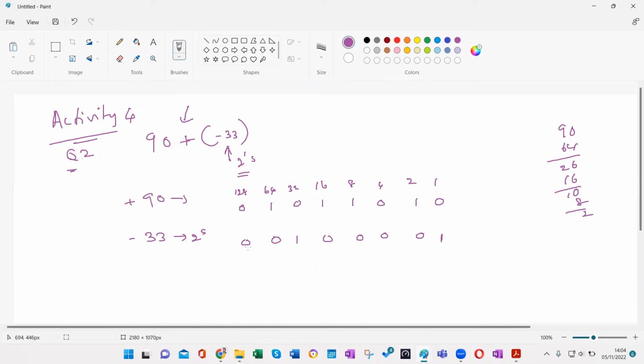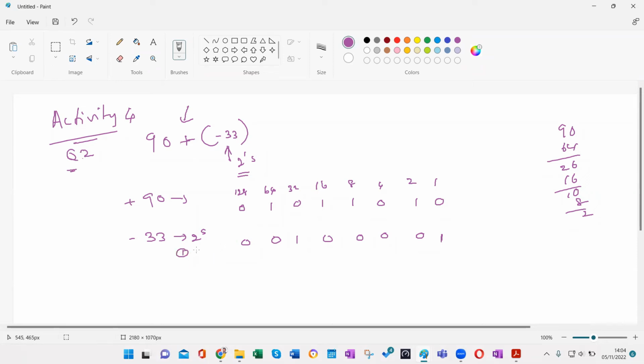But that is not 2's complement, right? This is just 33 in binary. So the next step is to convert this into 1's complement. Let me show it in steps.